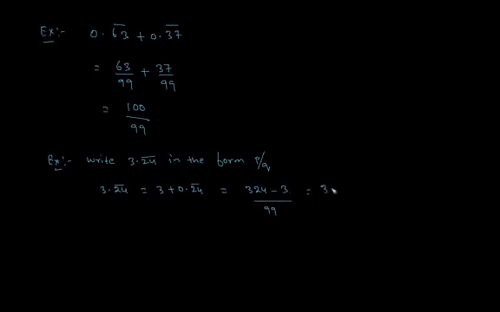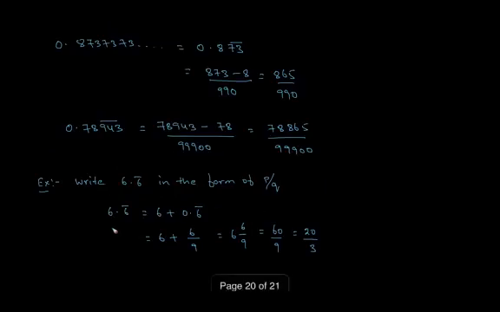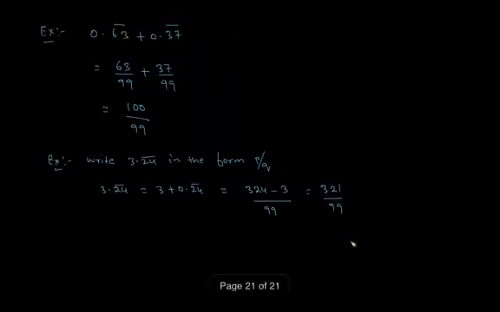So you will have 321 by 99. Same thing you will get here. No need to worry. You can check it, right? What is the earlier example we have taken? 6.6 bar. See here. You can write 66 minus 6 by 9, right? So 60 by 9. The same thing we got here, right? You can write directly, right? We will take another example.